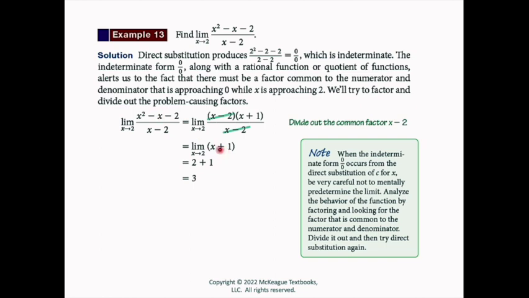These two will look exactly the same, except there won't be a value at x equals 2 for this function. We will have what's called a removable discontinuity. So be very careful and don't misunderstand this equality sign. It doesn't mean the functions are equivalent, it means the limits are equivalent.